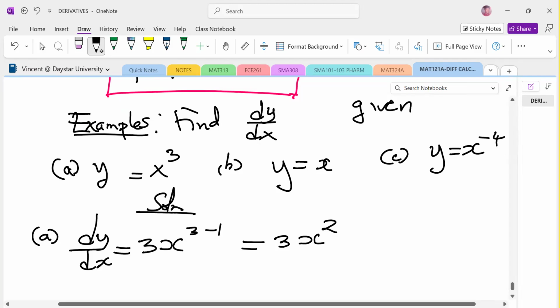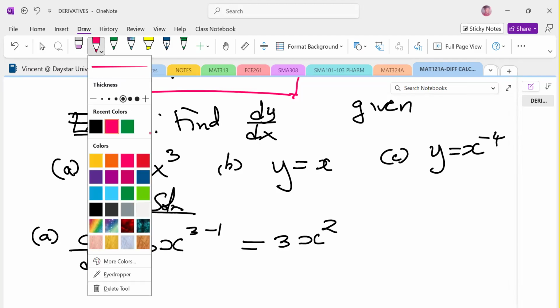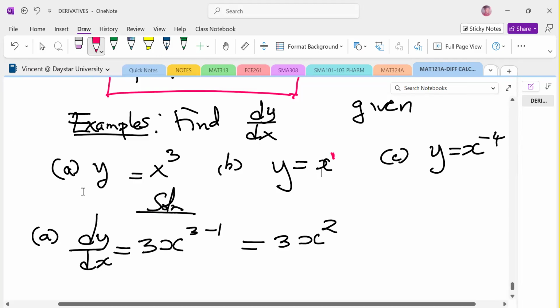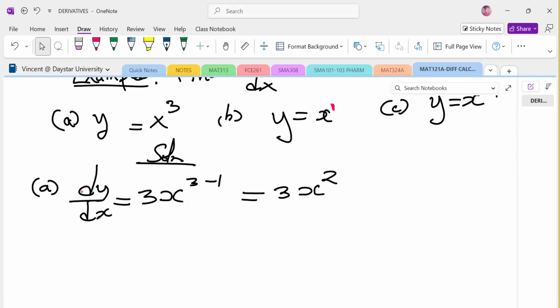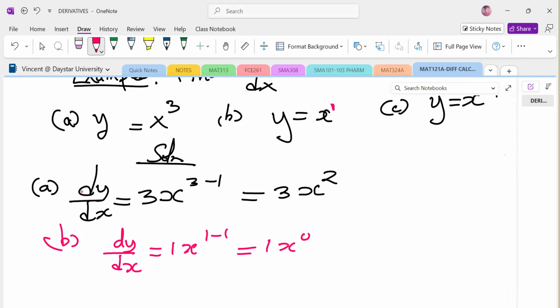Now, in the second question, when we write y equals x, then by default, the power here is 1. So dy dx will be given by 1 times x to the power 1 minus 1, which is x to the power 0, and x to the power 0 is 1. So 1 times 1 is 1.